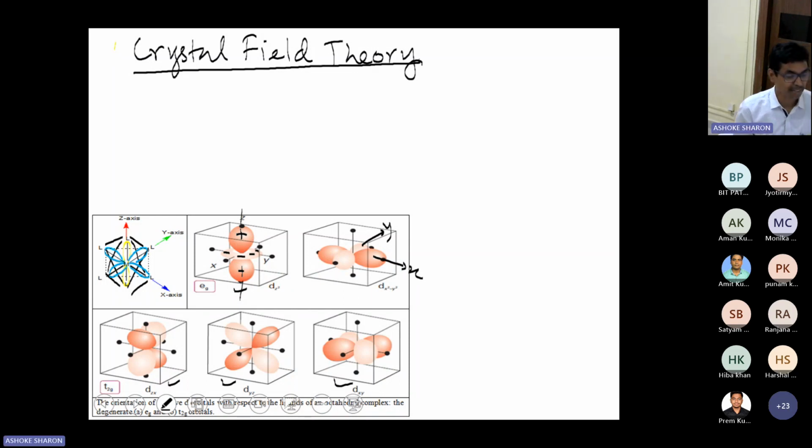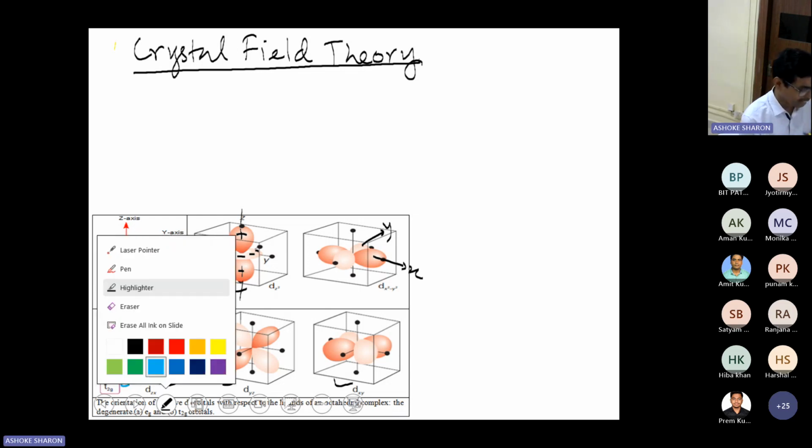Therefore, they have been differentiated into 2 sets. One is the T2G set, the lower one, which is practically non-participating in the bond formation, and another set, the upper one, is called the EG set. Okay, so this EG set and this T2G set.